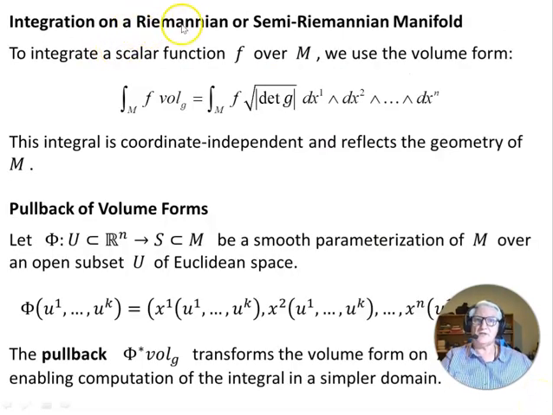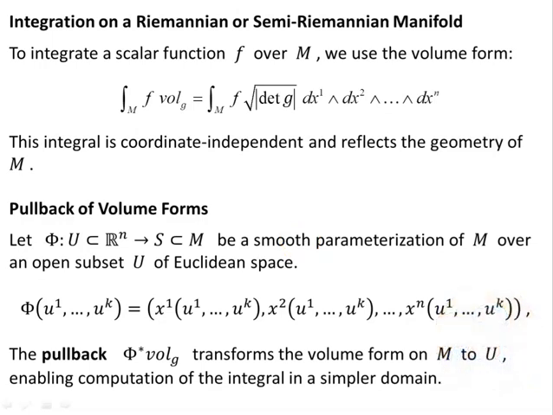All right, so integration on a Riemannian or semi-Riemannian manifold. To integrate some scalar function f over the manifold M, we use the following volume form. The integral over M of f times the volume form is equal to the integral over M of f times the square root of the absolute value of the determinant of g, and then the wedge product of the individual basis 1-forms up to n.